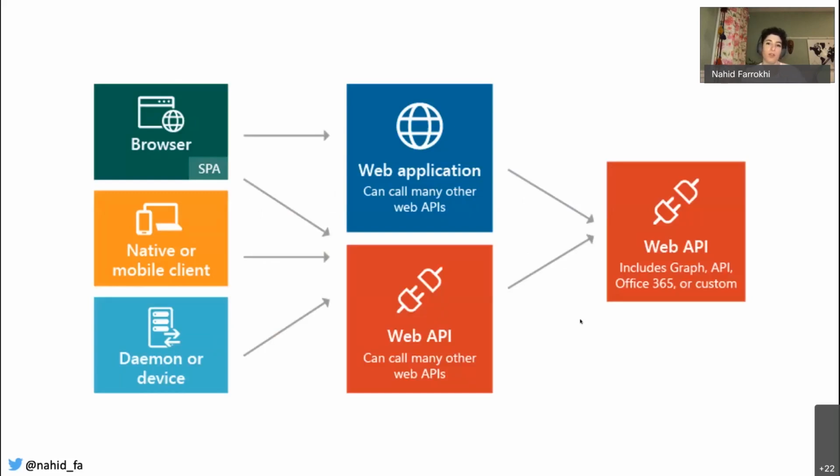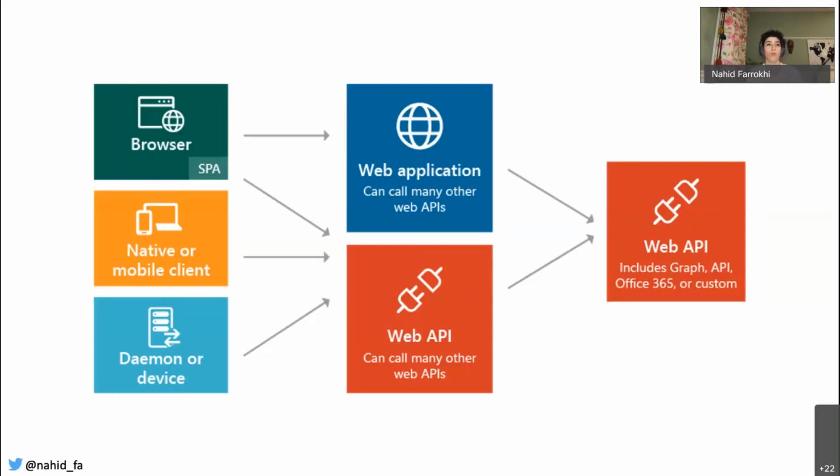Here is a big picture of how modern applications may look. In this picture, you see different scenarios. For example, browsers communicate with web applications, and browser-based applications communicate with web APIs. Also, native applications communicate with web APIs.